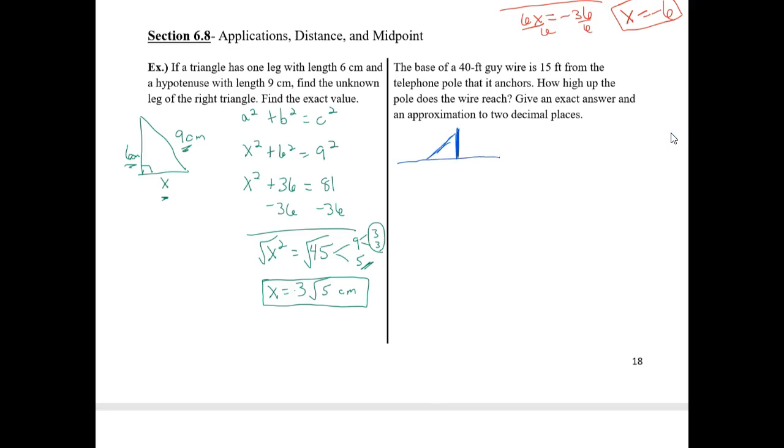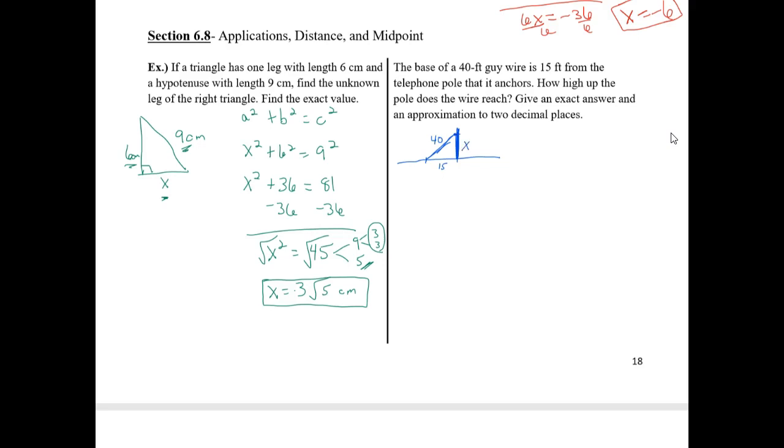Okay, and it says that that's a 40-foot wire, so the length of that wire is 40 feet, and it is 15 feet from the telephone pole. So from the edge of the telephone pole to where it anchors in the ground, that's going to be 15 feet. And we want to know how high up is that wire going to reach.